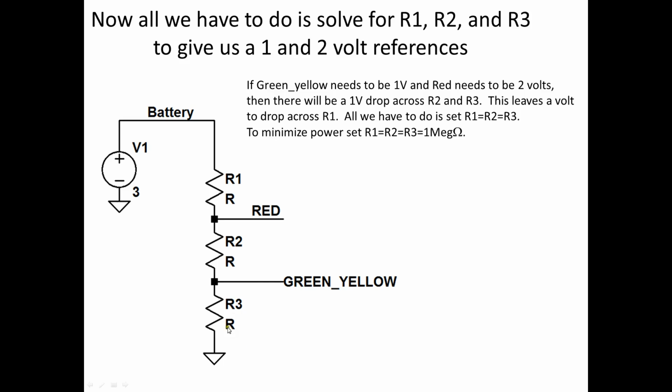So if I have 1 volt here, 1 volt here, out of a 3 volt battery, there's only 1 volt left. And so that implies that there's 1 volt drop across each one of these, and so we can set the resistors equal to each other, and we'll get the desired reference voltages, and we'll choose 1 mega ohm to minimize the power flow.